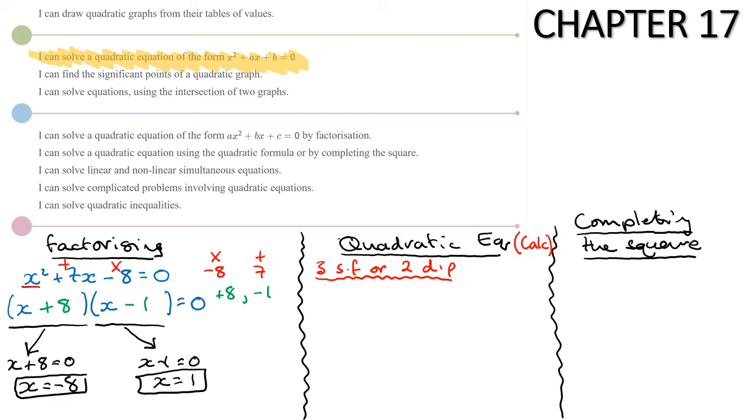You need to memorize the quadratic equation, it's not given to you in the exam. In the quadratic equation you have these 3 letters A, B and C, and this is where you find A, B and C. They could be positive and negative. The quadratic equation is this: x equals negative b, plus or minus the square root of b squared minus 4ac, all over 2a.